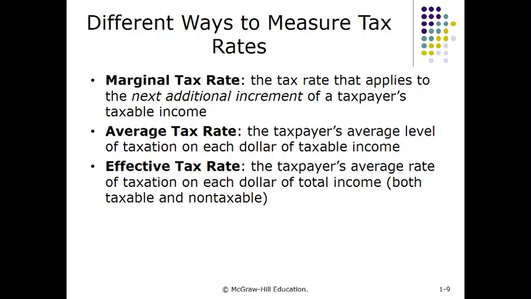Okay, so that's where you have to figure out the new total tax minus the old total tax and divide it into the new taxable income minus the old taxable income. And so there are some examples there in the book. Make sure you look at those. Example 1-4 shows you an example of that.